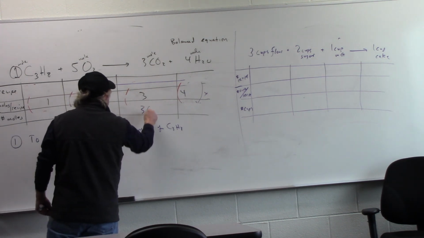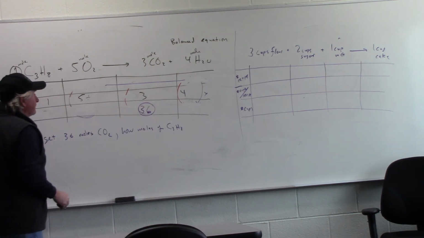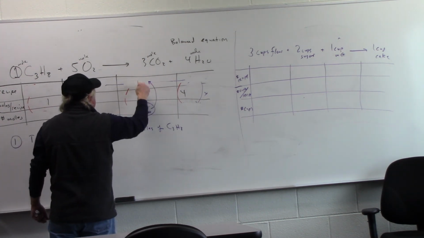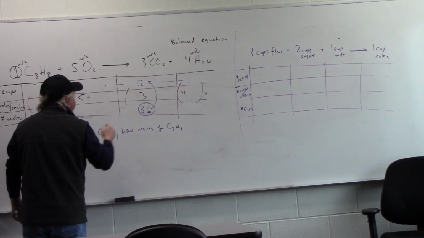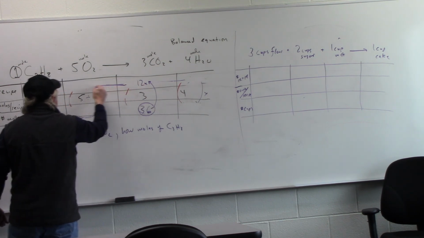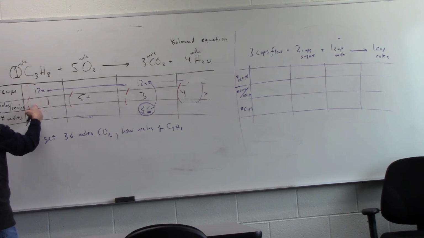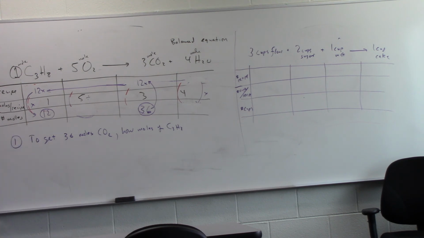Start out here, 36, divide that up into groups of 3, and you get 12. So you do the recipe 12 times. Bring that over here. Each time you do it, you need 1, and so you're going to have 12.